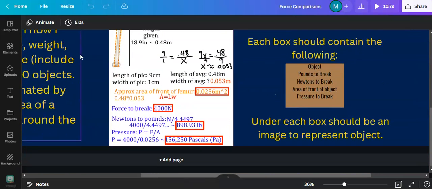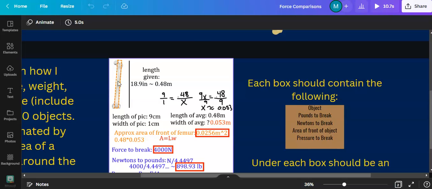For this, I have the bone right here and I drew a rectangle. We look at the given length. So if we find a resource, it says the average femur is about 18.9 inches. We're going to change those inches and convert them into meters, which is 0.48. From there, we're going to set up a proportion.